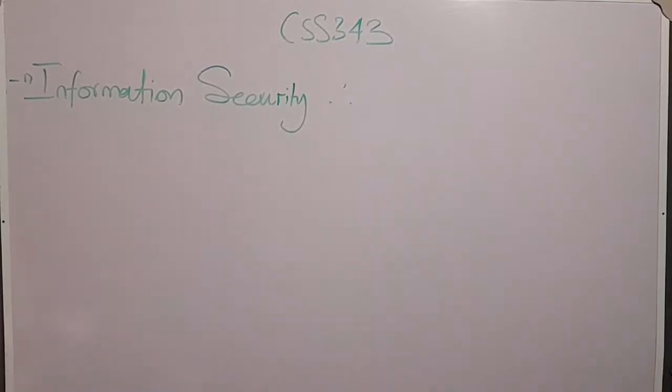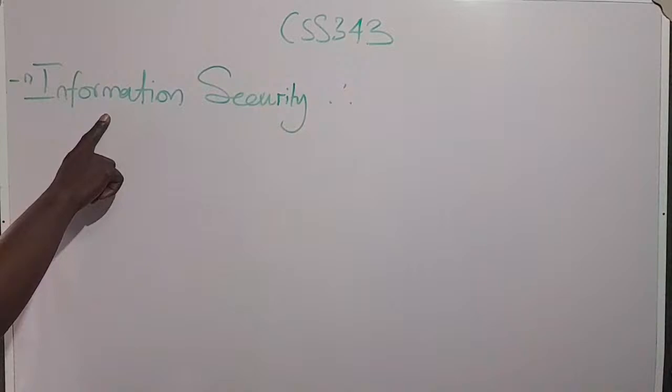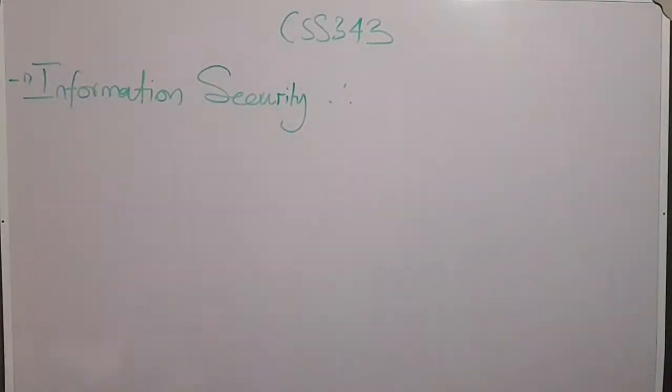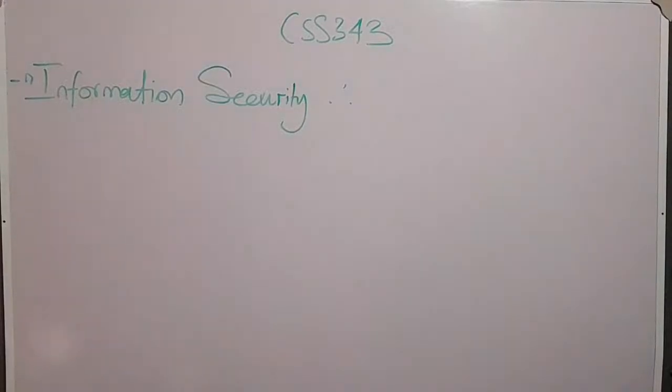Now let's look at the security part of it, because it's a combination of two words: information and security. When you talk about security, you are talking about protection. We are simply referring to putting certain measures in place in order to protect, either life, property, or what have you. But in this case, what are you trying to protect? Certain information.